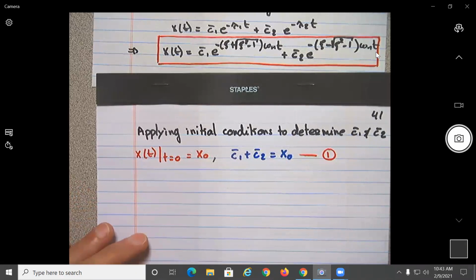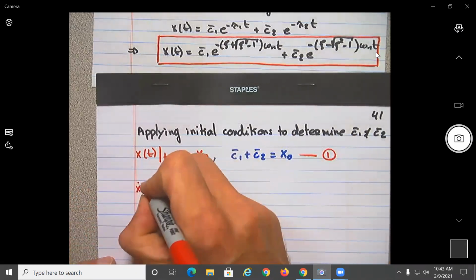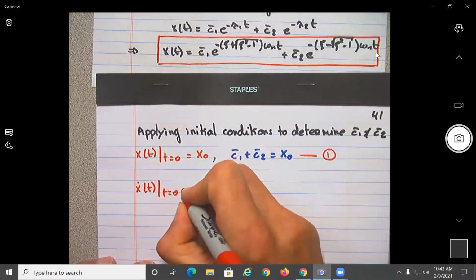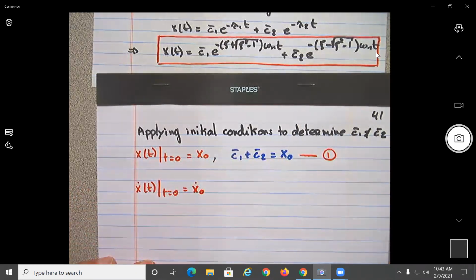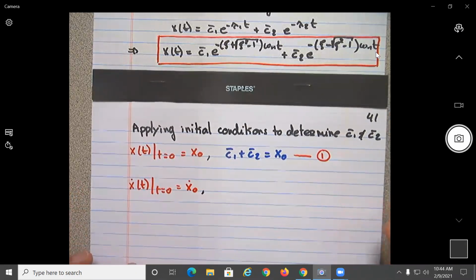And our second initial condition is x dot of t at t equals 0 is equal to x dot 0. Okay, so what is that going to give us?